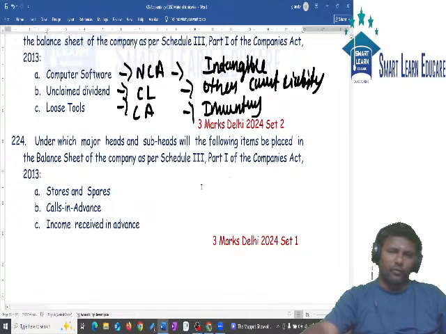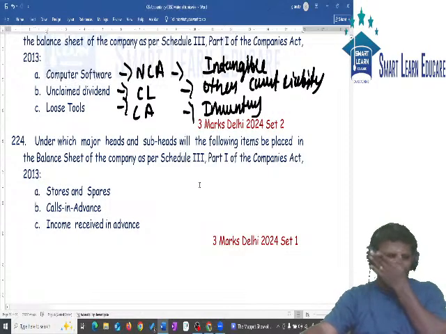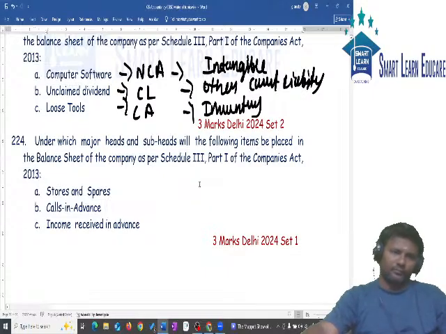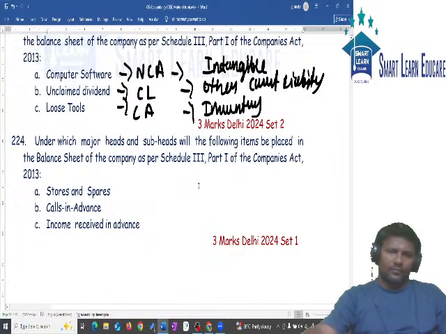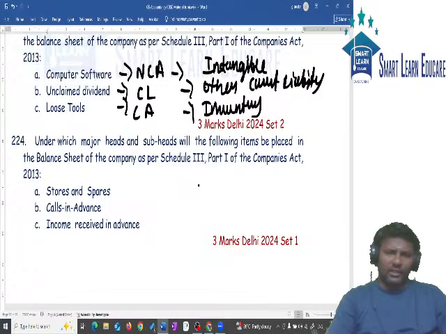Stores and spares will come under current asset.